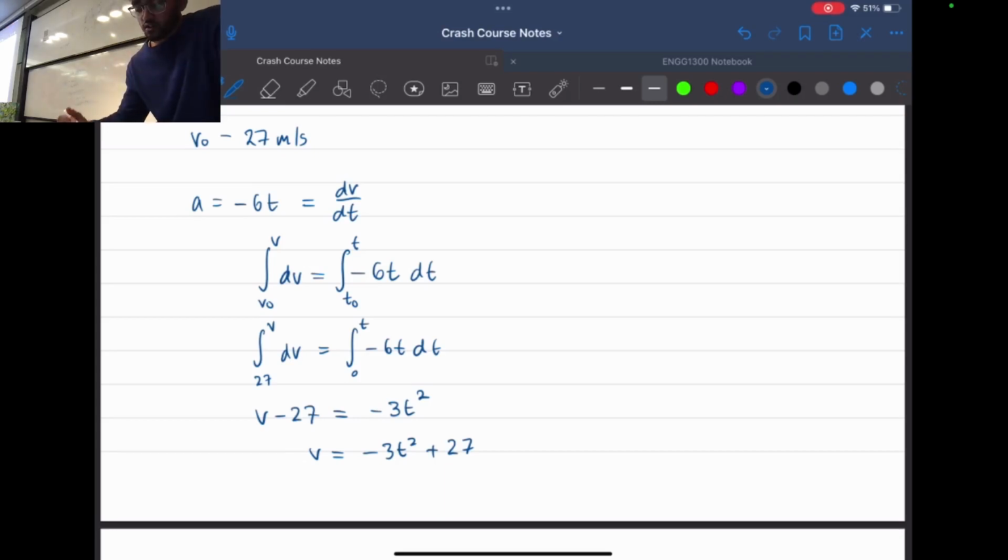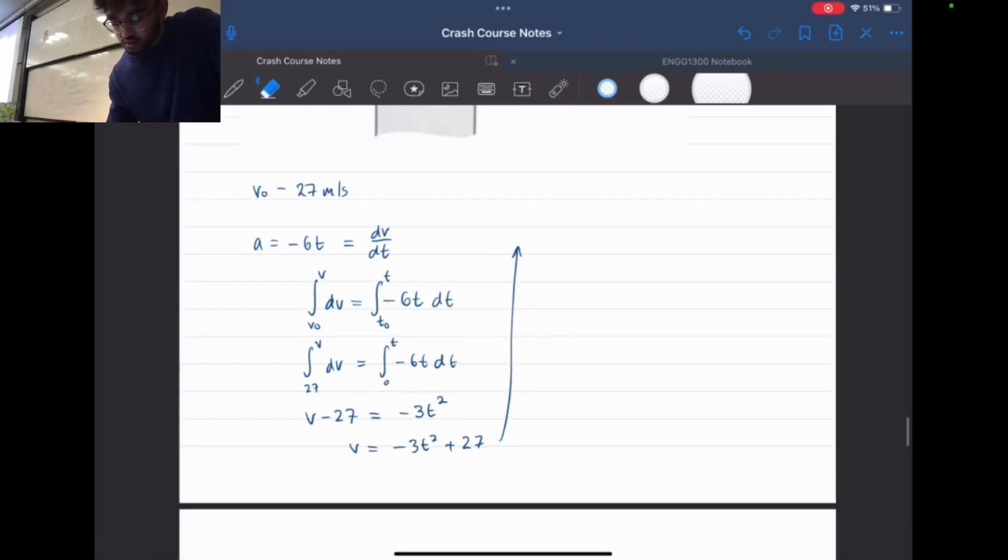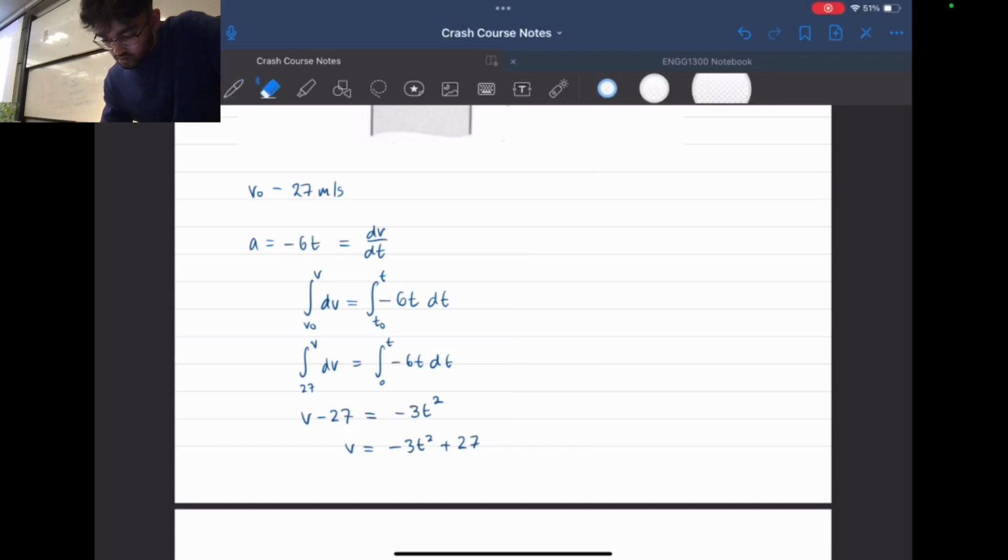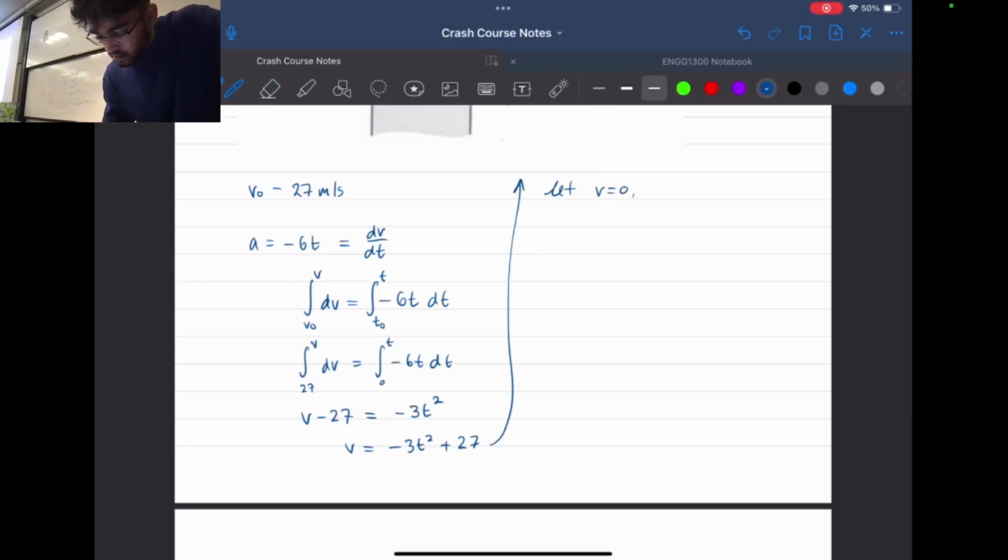Before that we can find when it actually stops, so what the t value is when v is equal to 0. So let v equal 0, we get 3t squared is equal to 27. T is equal to 3 seconds.